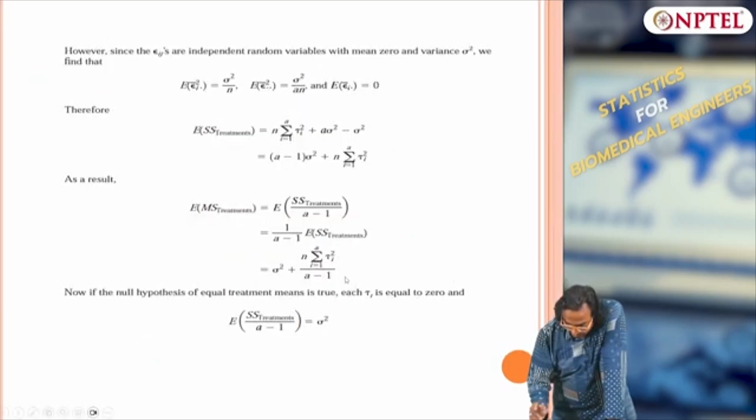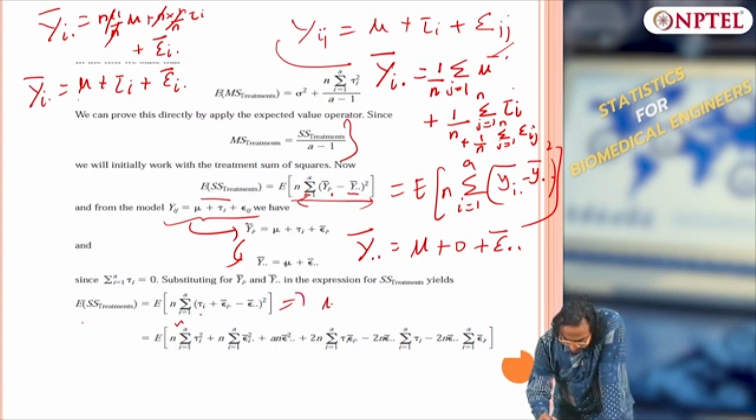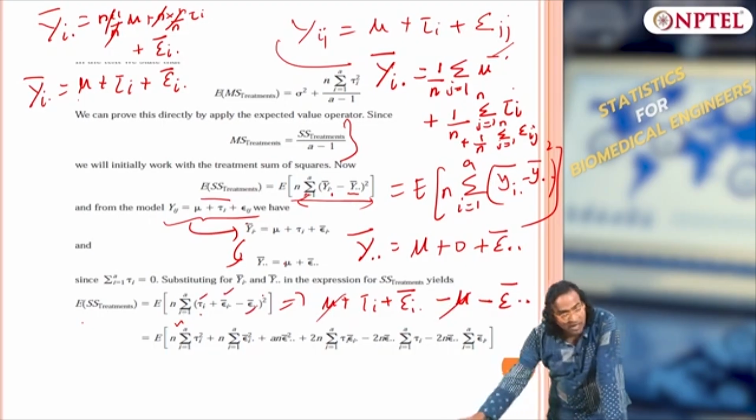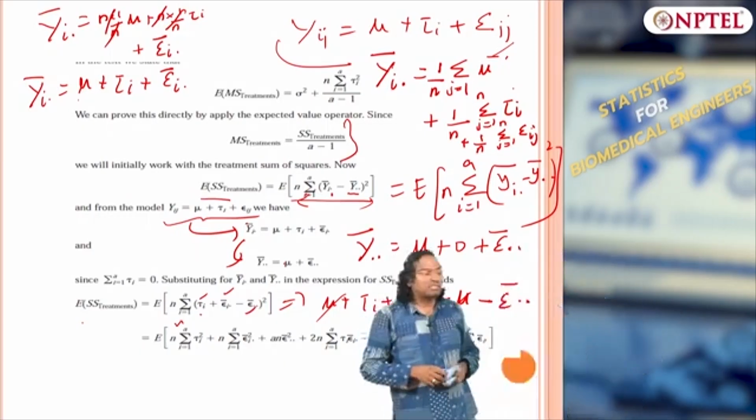It is nothing but mu plus tau i plus epsilon i dot bar, minus y bar dot dot. Remember, mu and mu get cancelled. So I have tau i plus epsilon i dot bar minus epsilon bar dot dot, the whole squared. Clear?